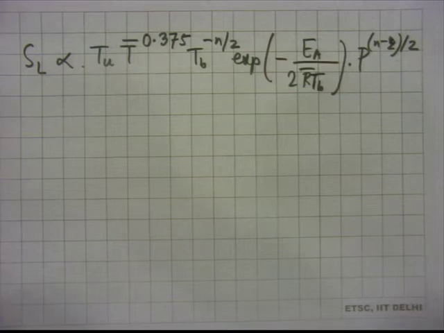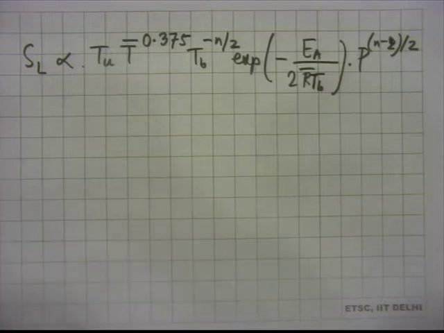We know that SL is proportional to square root of alpha into reaction rate, but then we do not talk about alpha all the time, right? We do not talk about thermal diffusivity all the time. So, we have to talk about things which are easier to understand for us, like pressure and temperature. If somebody asks you if pressure is increased, what will happen to laminar burning velocity, then you should be able to answer this more easily. If we are always stuck with alpha and reaction rate, that is not easy. So, that is why this has been done.